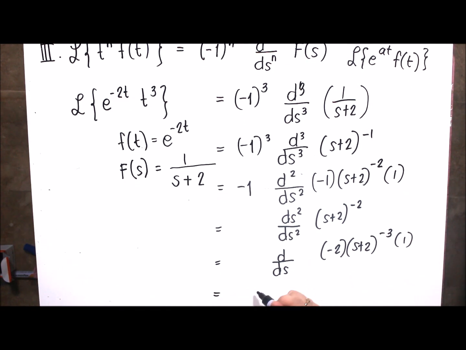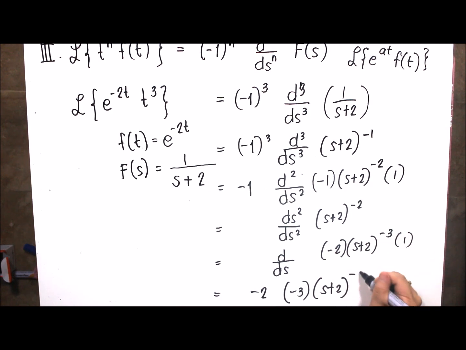Okay, and therefore we have negative 2 times the derivative of this one. That will be the last derivative that we will be taking. So we have negative 3, s plus 2, minus 1 in the exponents. We have negative 4. Therefore, this is positive 6.